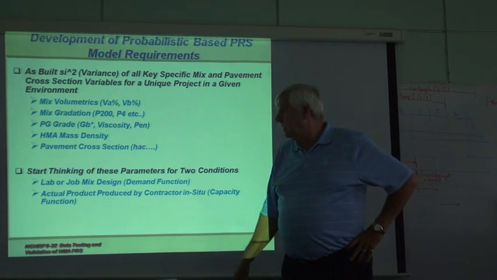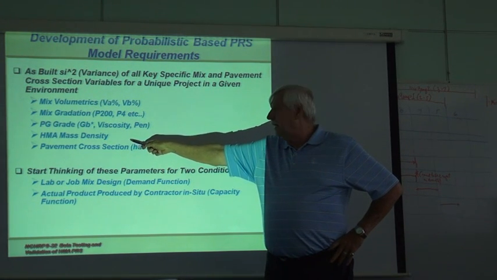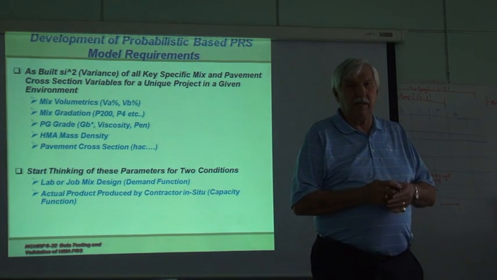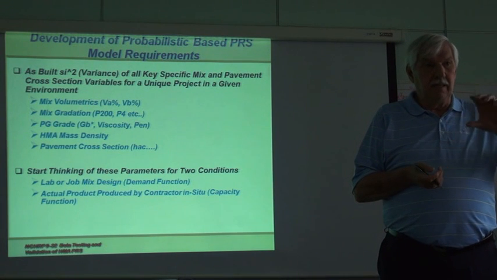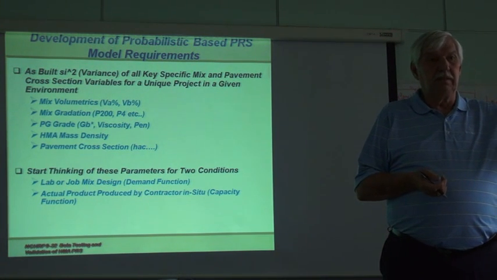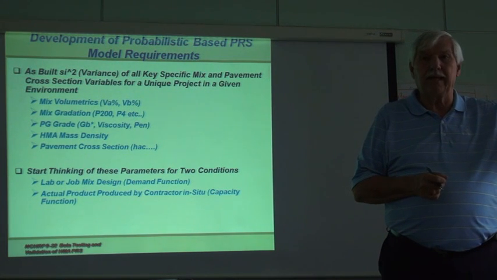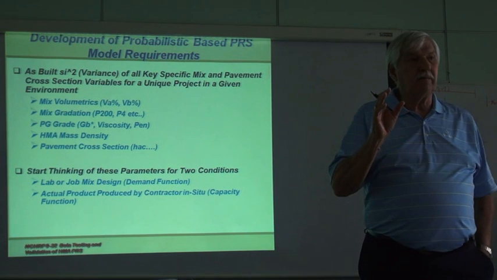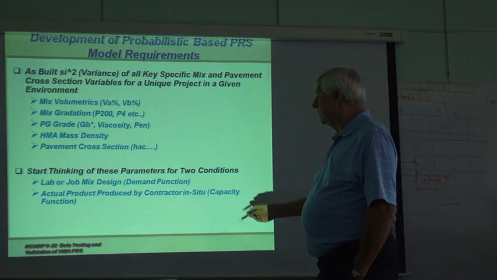You're going to be looking at how much the field density changes, and you're going to be looking at, if I'm calling for a 3-inch layer of asphalt, is the contractor giving me 3 inches, 3.4, or is every day he's giving me 2.8 so he can make money? So these are things that we're interested in, even in today's specifications.